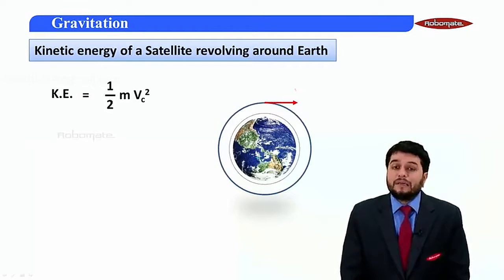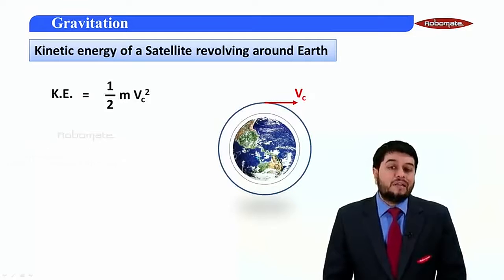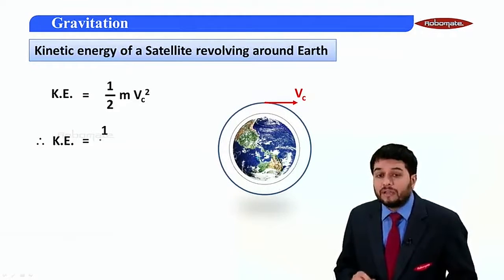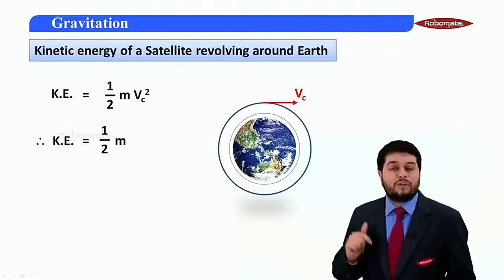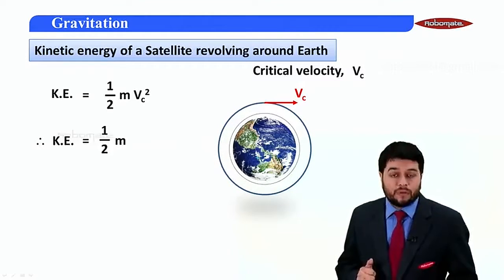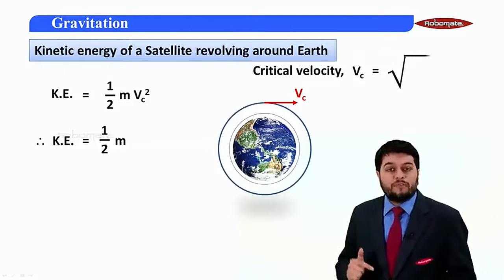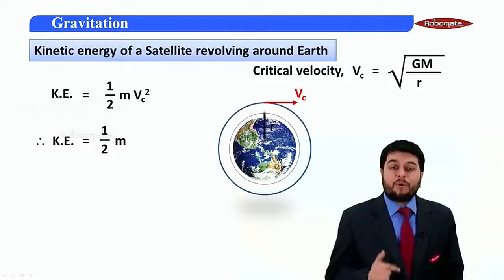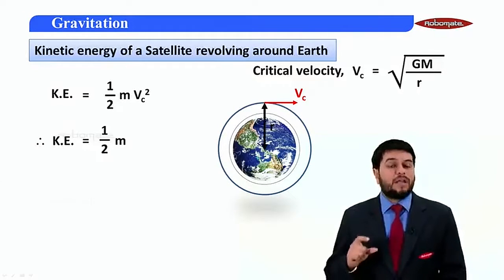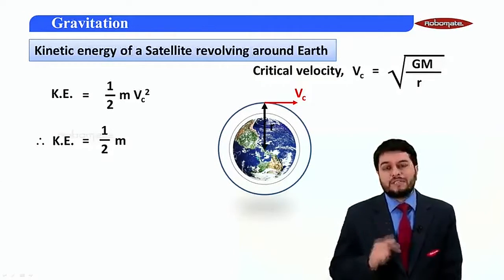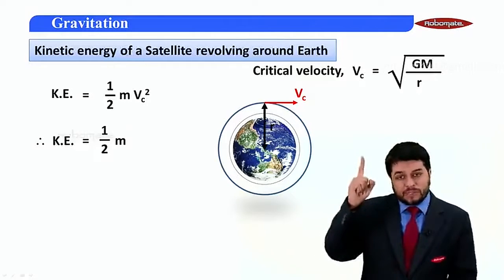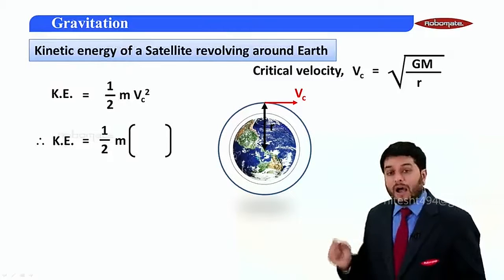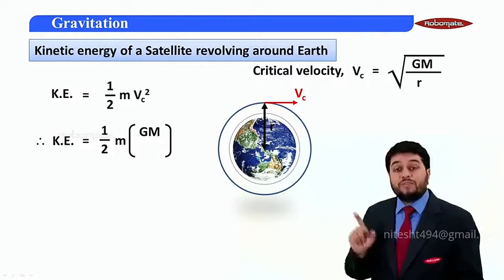Now you know what is Vc? You know that the linear critical velocity Vc for a satellite is given by a formula which was done in your previous module. You remember? What will be the formula for Vc? Yes, root of GM upon r, where small r is the radius of the orbit in which the satellite is revolving. So if I substitute this Vc in the main expression, I get kinetic energy is equal to half m into Vc square.